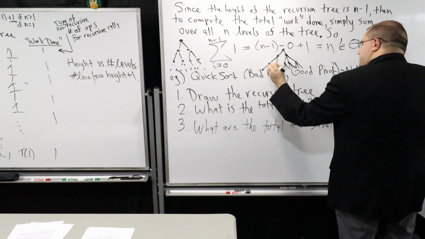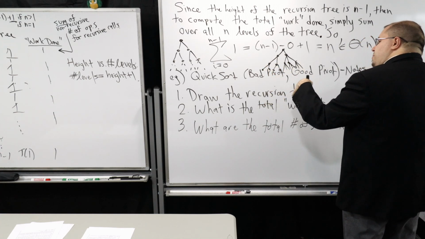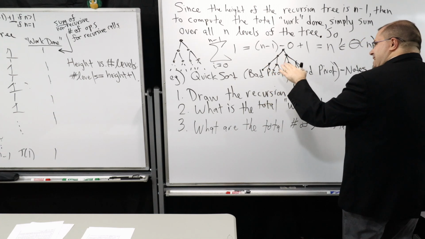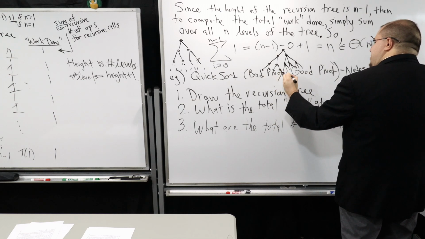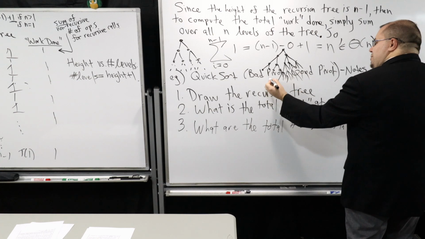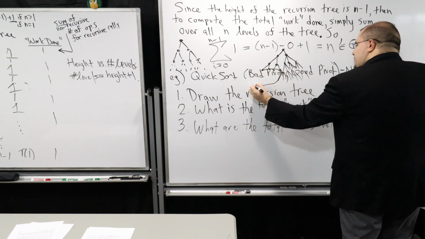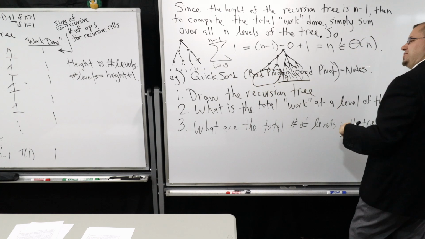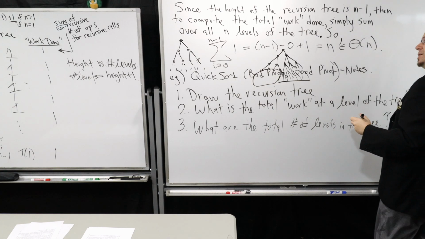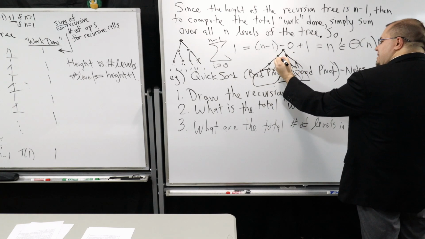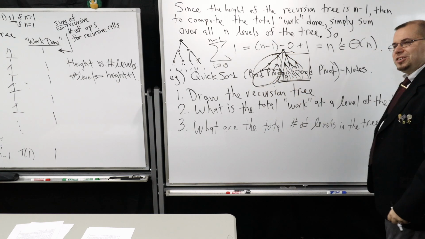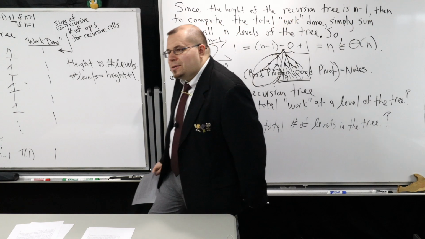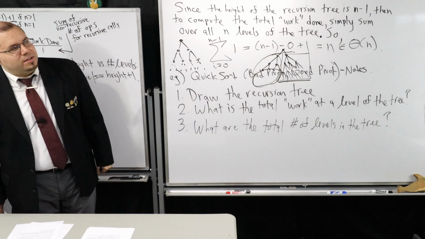For example, this side that splits in halves may get to the t of 1 a little faster than this other side. The way you would treat one of these cases is you would pretend that all of this is filled in, where it reaches all the way to the bottom. One common way you could do this is just pretend that this side of the tree is in fact this side of the tree. You can just bound it from above, but you end up with a big O result as a consequence of this.